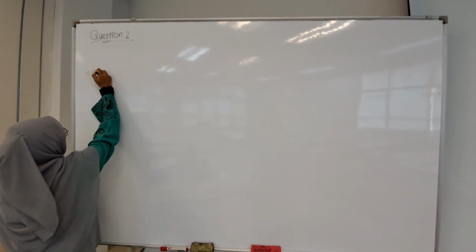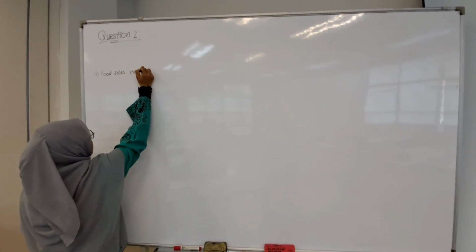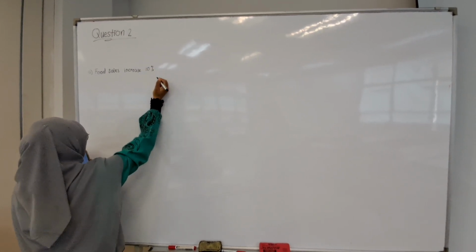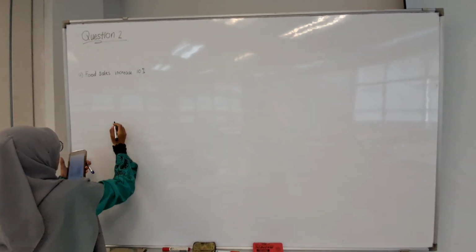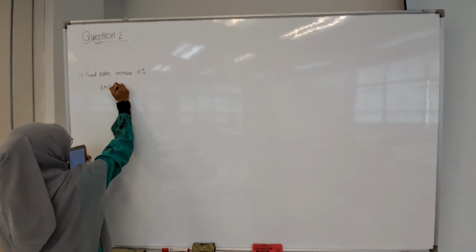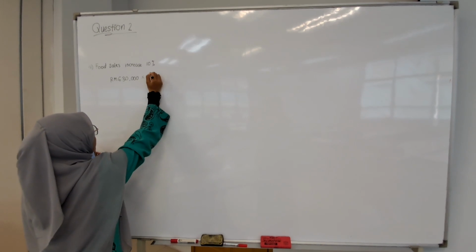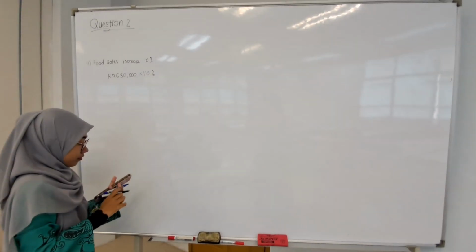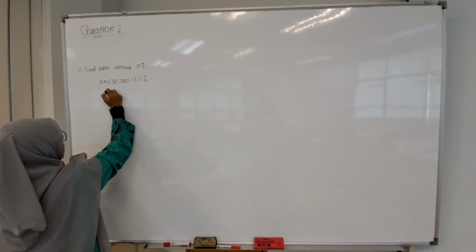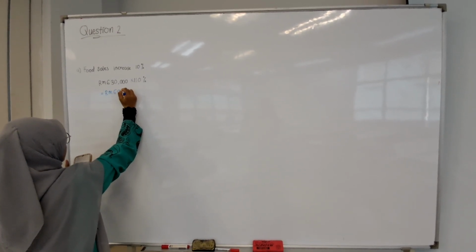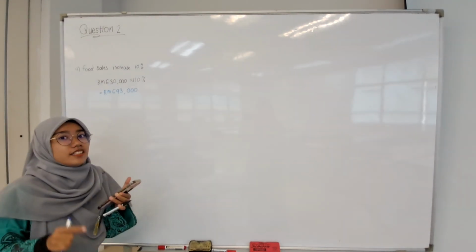So, food sales in the current year, which is RM, and multiply by 10%. For food sales at the next year.